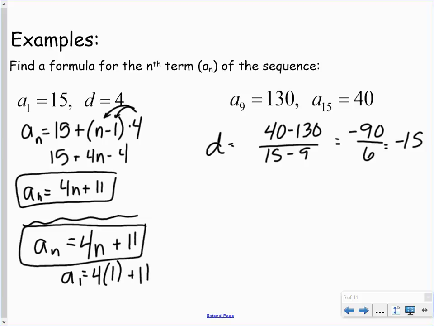Okay, so we talked about this a couple of times yesterday, in that when you're working with something where it's going up or down by the same number, if you're going up 4, up 4, up 4, that acts like a slope because you're going up 4 for the next term, but you're also moving right 1 to get to the next term. So you are really just calculating a slope.